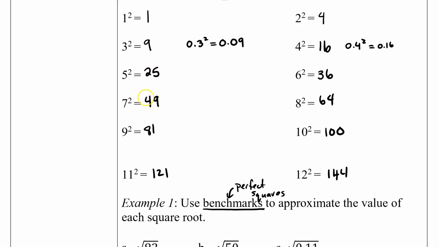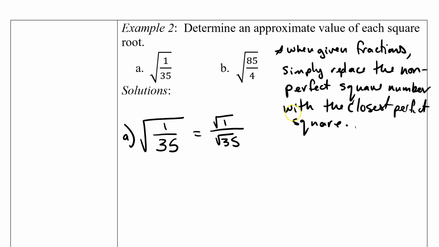We have 25, we have 49, we have 36. That's pretty close to 35. So this approximately equals the square root of 1, which is just 1, over the square root of 36, because it's so close. Okay, and that equals 1 over 6.